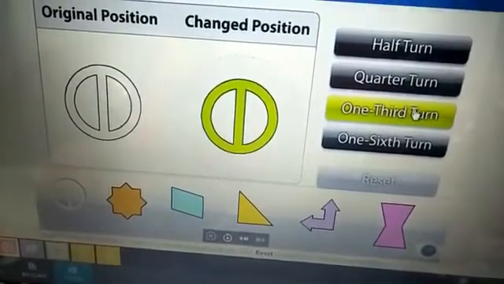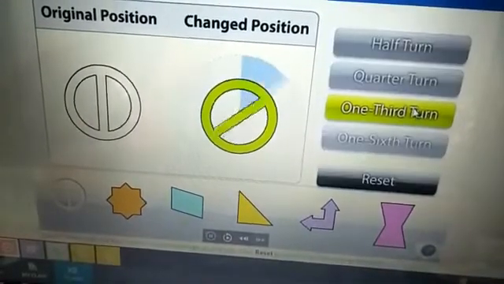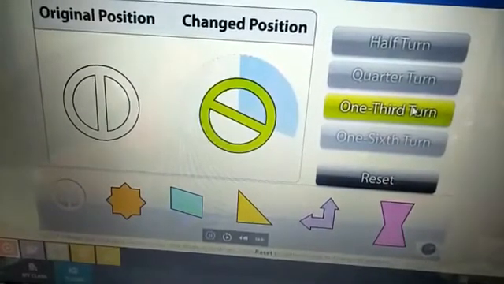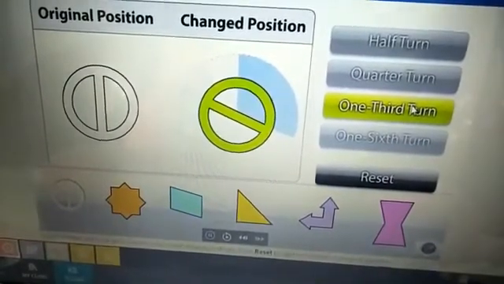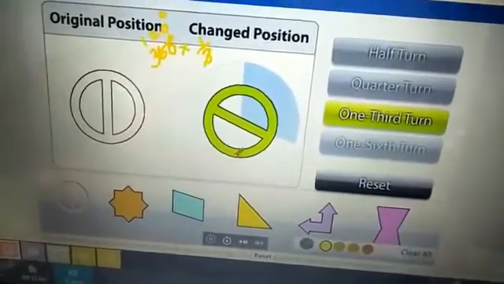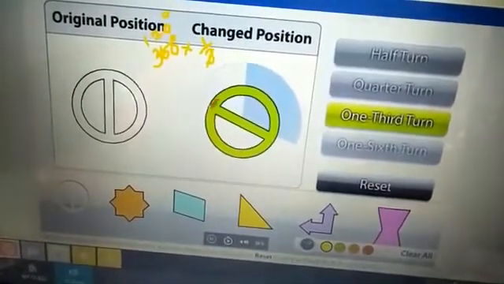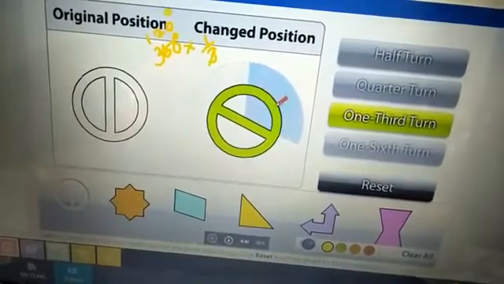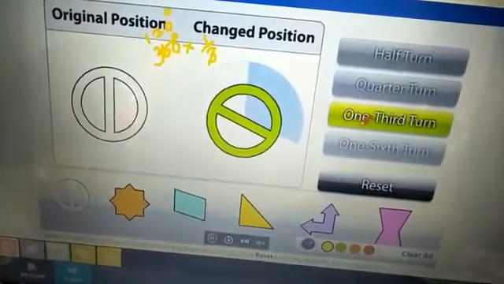Children, listen next. 1/3 turn. 1/3 turn is nothing but 120 degree, children. I will explain. This is our 360 degree, children. Totally, we have 360 degree. But we need 1/3 turn.